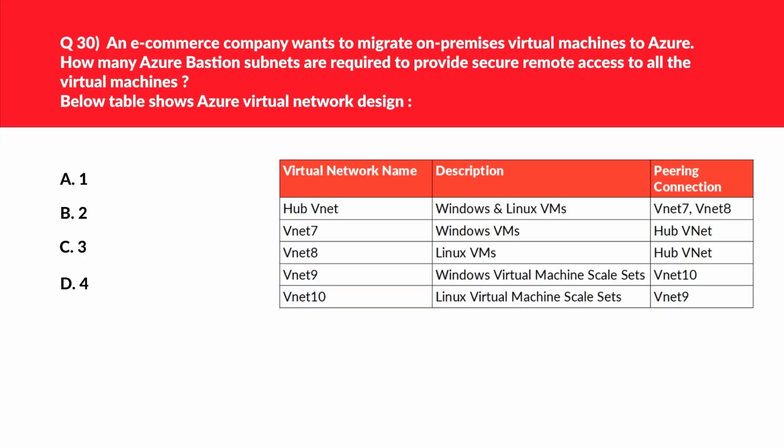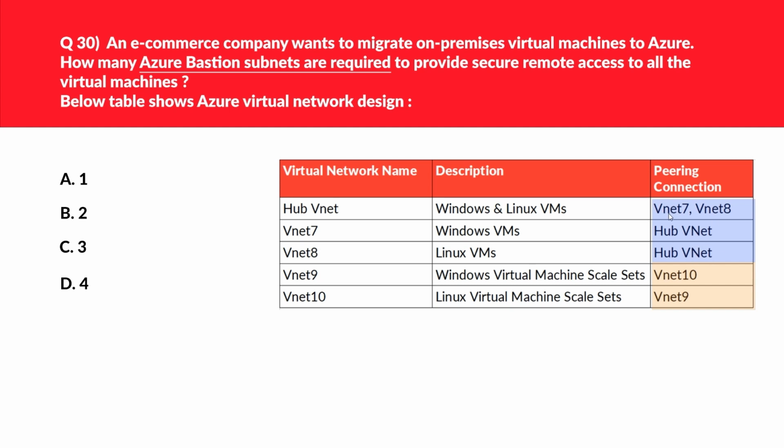Alright, to answer this question, you need to apply some tricks. And the trick to answer this type of question is to look for VNets or virtual networks which are paired. We definitely need one Azure Bastion subnet for the hub and VNets like VNet 7 and 8.